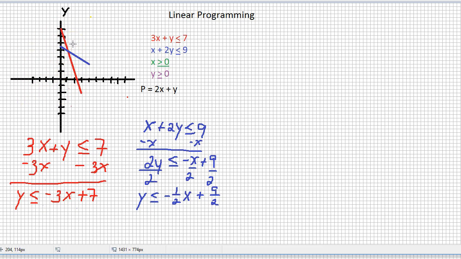And you notice our green line, x is greater than or equal to 0. Well, that's just the y-axis because it's a vertical line. So right there, we're bounded by the y-axis. And then the purple is the horizontal line, y is greater than or equal to 0.